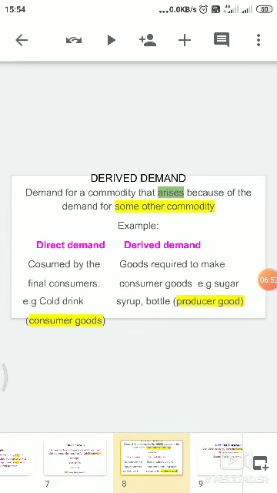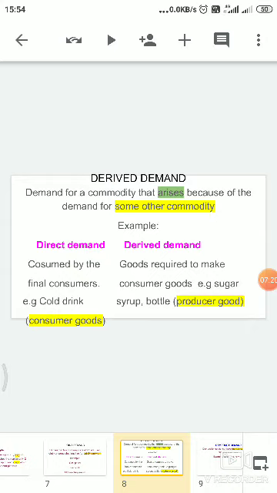Now, next is derived demand. Demand for a commodity that arises because of the demand for some other commodity. Those goods which are demanded in order to satisfy some other want. Now, to understand derived demand, you must also understand direct demand.